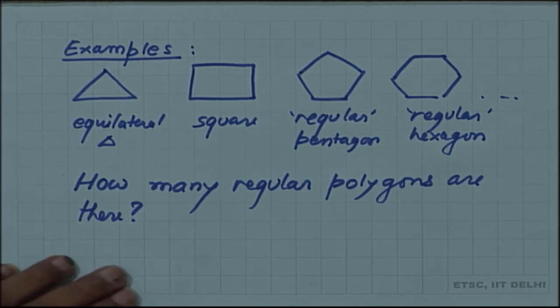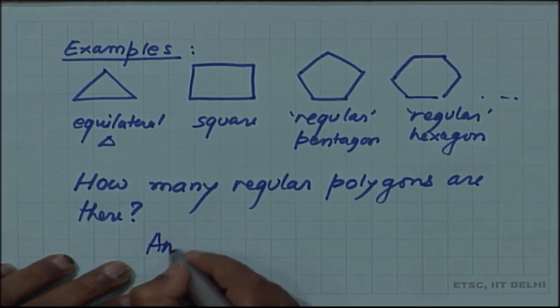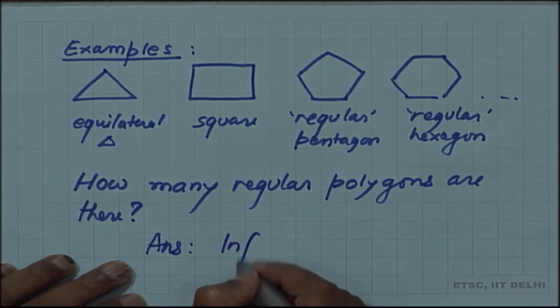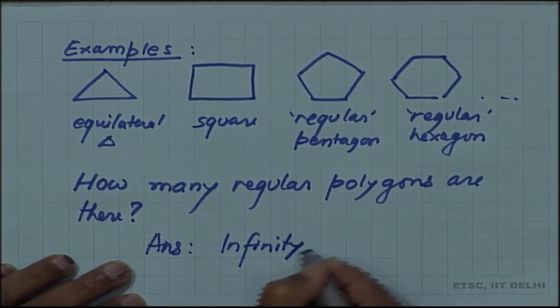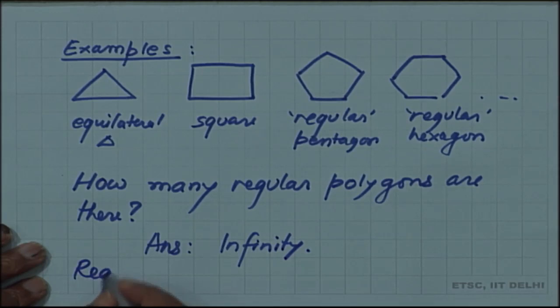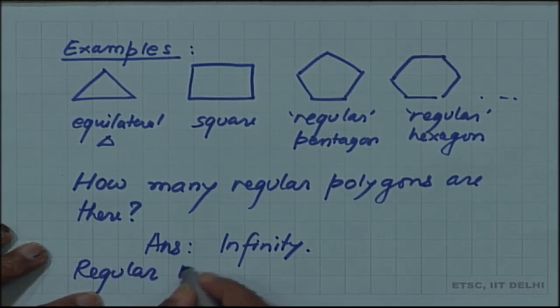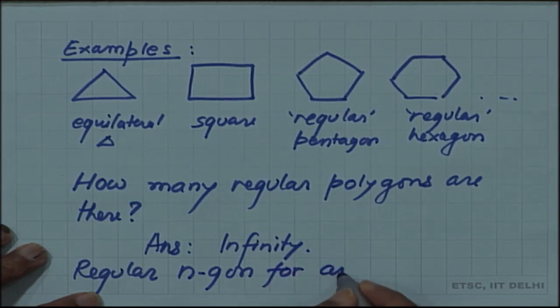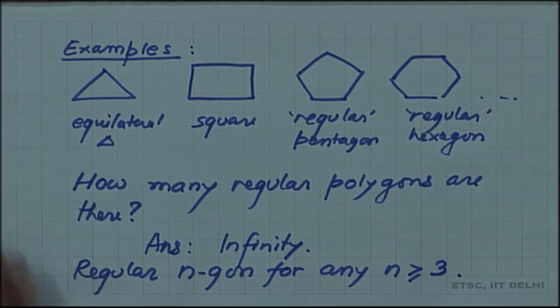The answer of course will be infinity. You can have a regular n-gon for any n greater than or equal to 3.